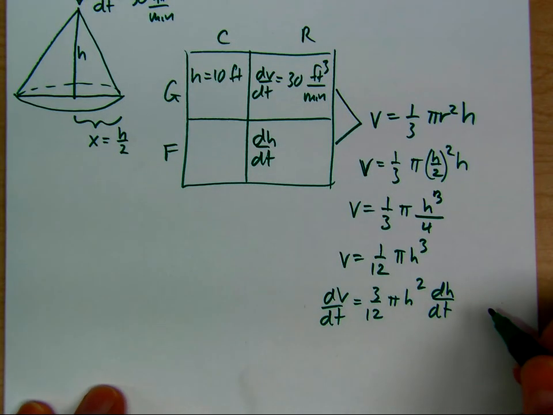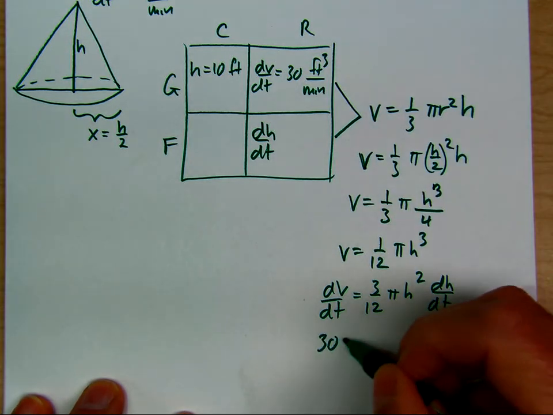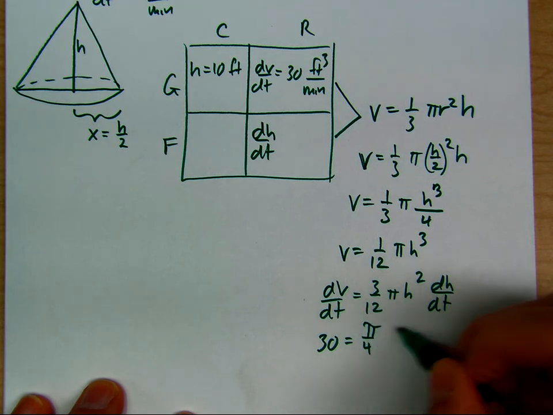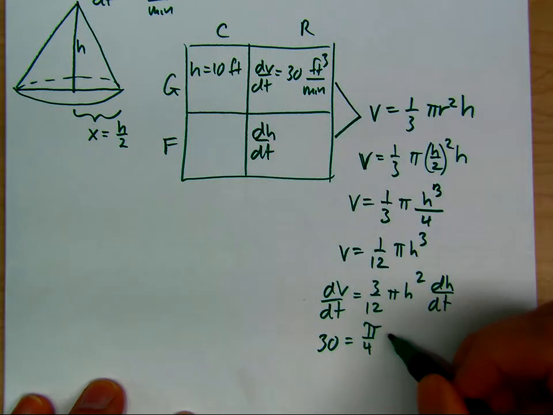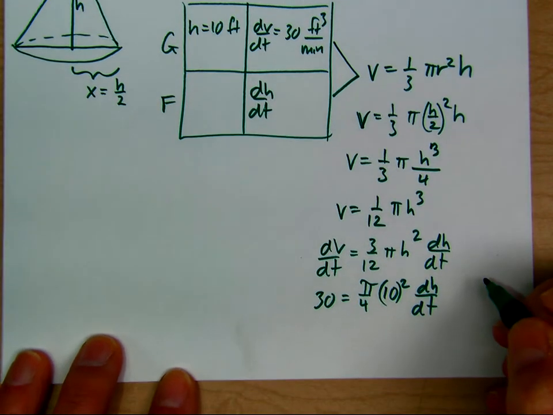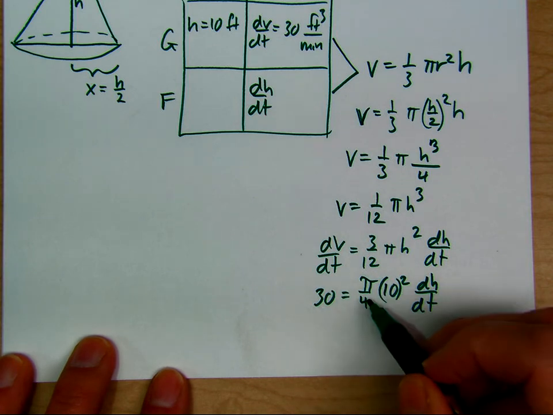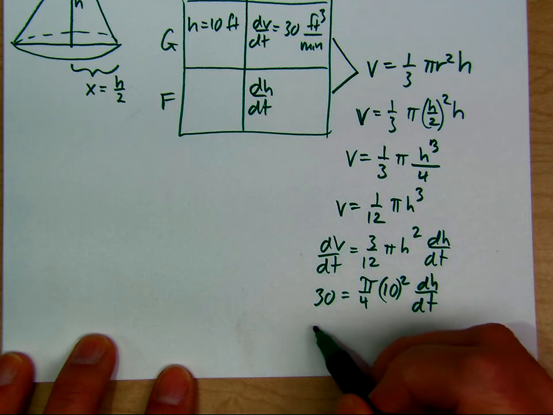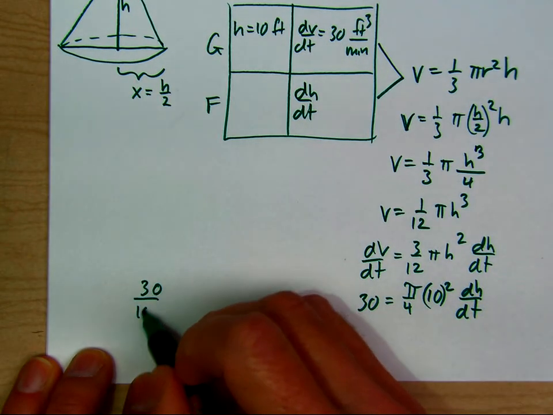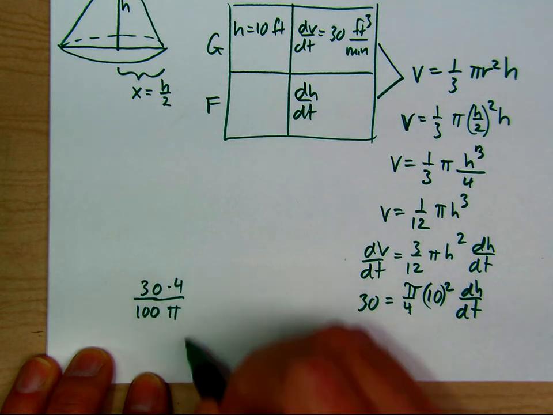And dV/dt is 30. This would be 1/4 pi. h is 10. Solve for dh/dt. So we have 30 over 100, and then we also have to divide by this. 30 over 100, and then we're going to multiply by the reciprocal of that, times 4 over pi. That is dh/dt.